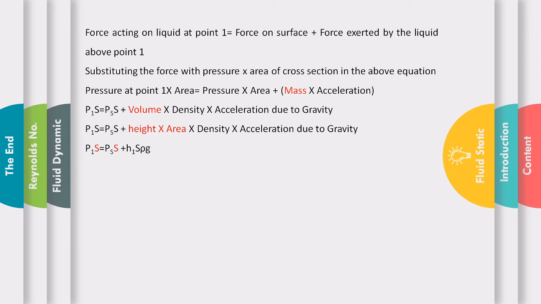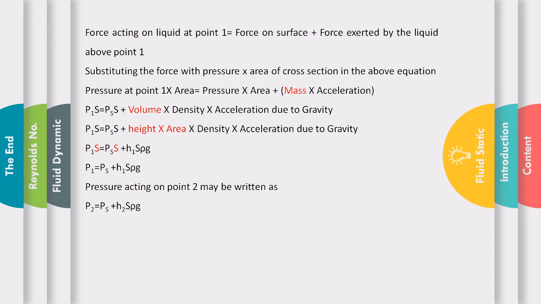As we can see, S is common on both sides, so we can cancel S and write P1 is equal to Ps plus h1 rho g, which is the pressure at point 1. Similarly, we can find pressure at point 2, P2 is equal to Ps plus h2 rho g.